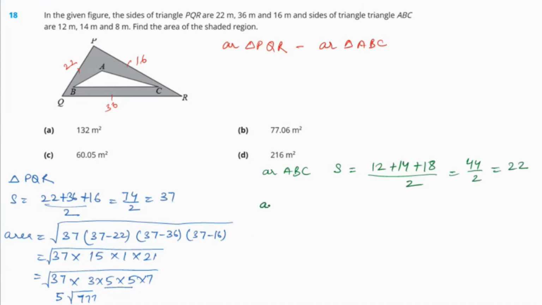Okay, now if we need to figure out the area, we are going to get the square root of 22 times (22 minus 12), (22 minus 14), and (22 minus 18). 22 times 10 times 8 times 14.